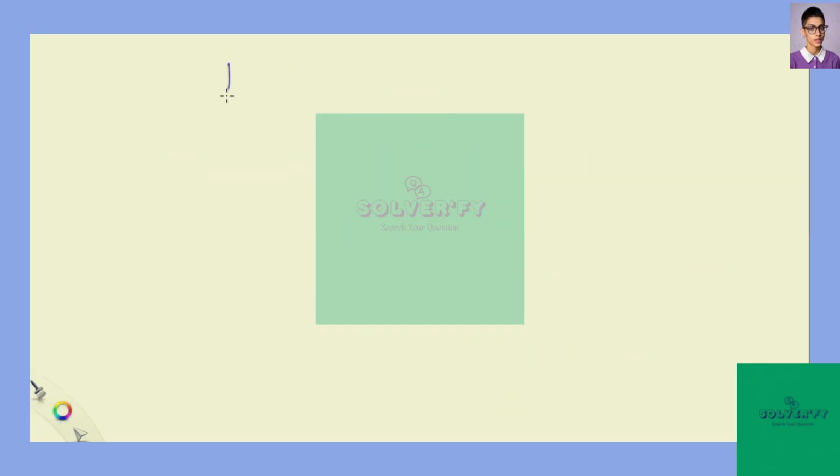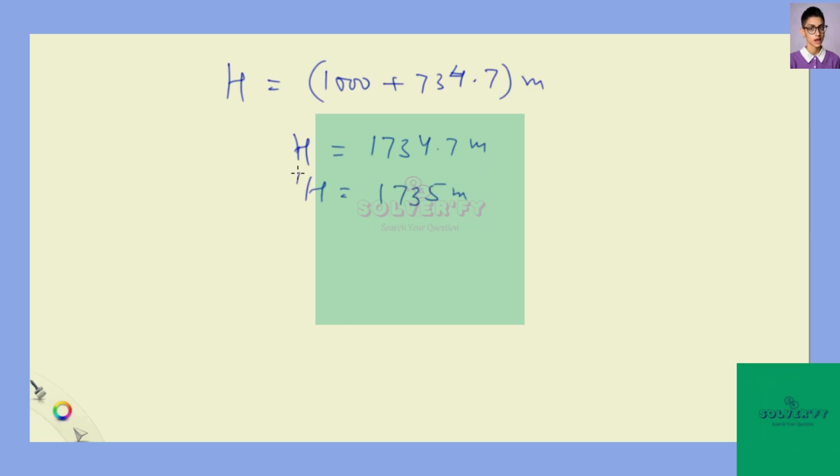So the total height raised by this rocket in the upward direction is 1000 plus 734.7 meter, or we can say the answer for the second part of the problem comes out to be 1734.7 meter, or approximately we can say this is 1735 meter, the answer for the second part of the problem.